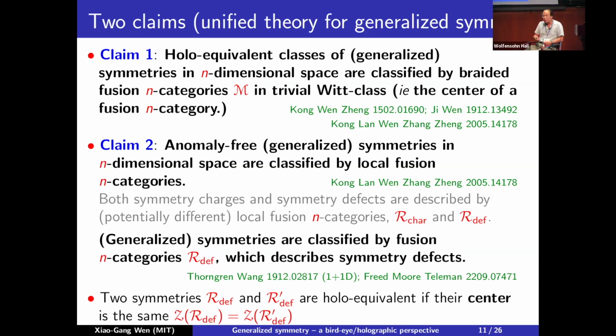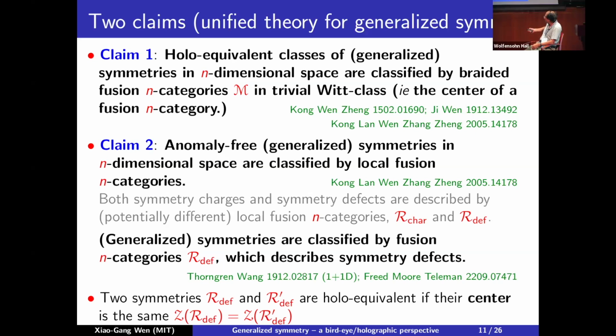Symmetry charge is defined as an excitation above these trivial symmetric ground states. If you don't have trivial symmetric ground states, then we have trouble even defining what a symmetry charge is. But the symmetry defect is always well defined, always there. So we always have a fusion n-category of symmetry defect.